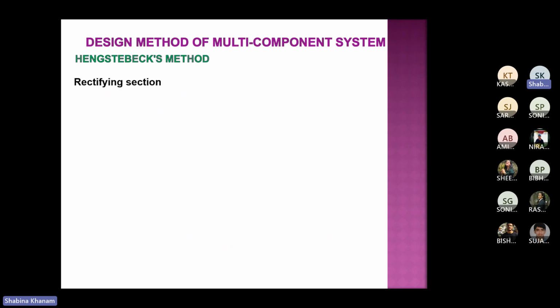Further, we need to find the expression for this Hengstebeck method in the rectifying section. We consider Le and Ve as the flow of combined keys, and capital L and capital V are the total flow rates of liquid and vapor.